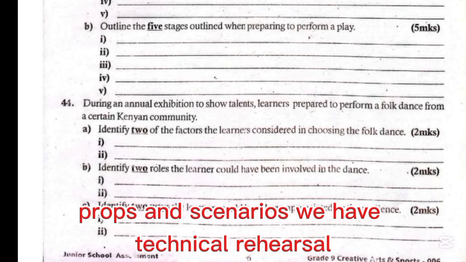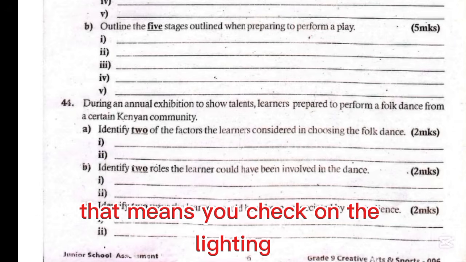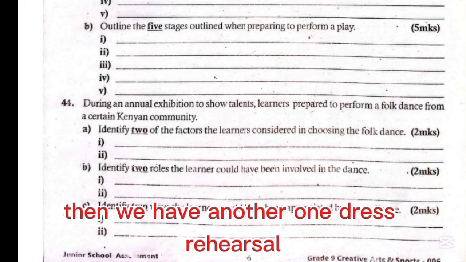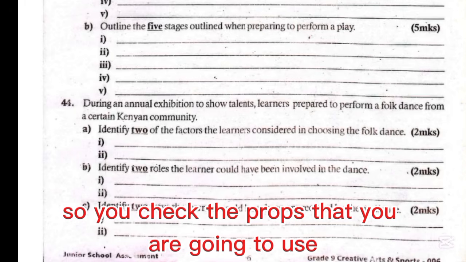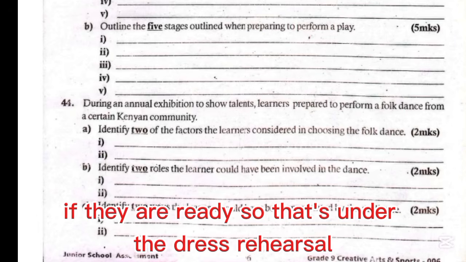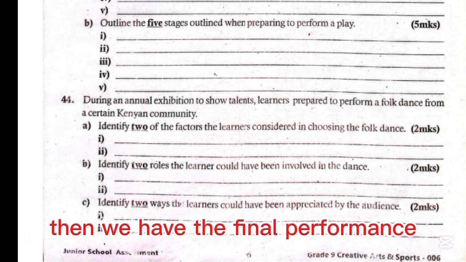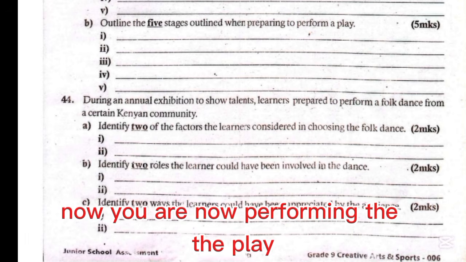We have technical rehearsal, which means you check the lighting, test the sound, and the stage. Then we have dress rehearsal, where you check if the props you are going to use are ready. Then we have the final performance. Now you are performing the play.